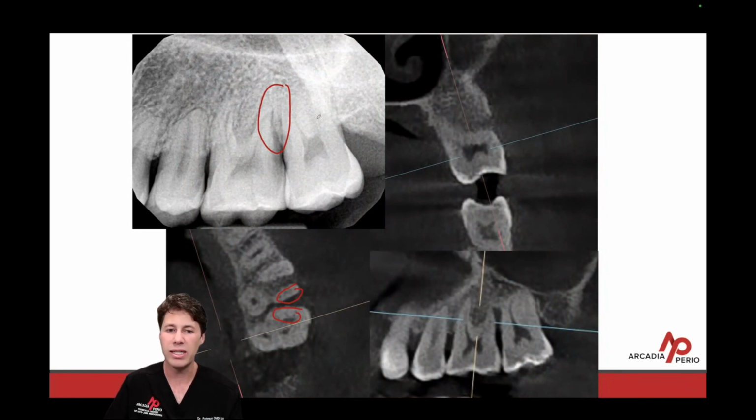We want to try and distalize this root to get a better embrasure form to further stabilize the area. If we can get that tooth into a better physiologic position, it's going to be more resistant to periodontal disease and trauma from occlusion. So a lot of our patients end up going through orthodontic treatment post-LANAP treatment, because it further adds stability long term.